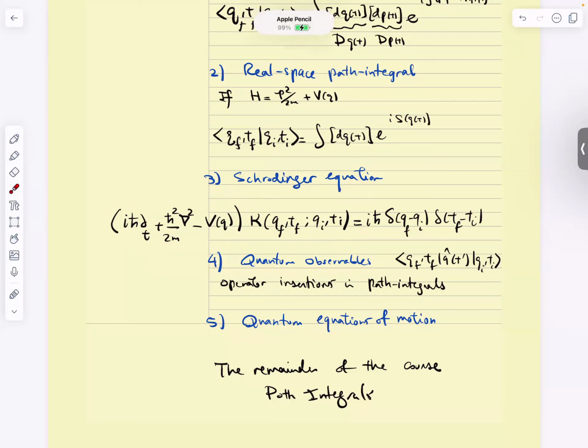In general, hopefully you recall the theory of differential equations. If you have, let's say, this is L of X, something like this is called a Green's function. It's a differential operator in X, and this is a function of two variables, and it gives a Dirac delta.